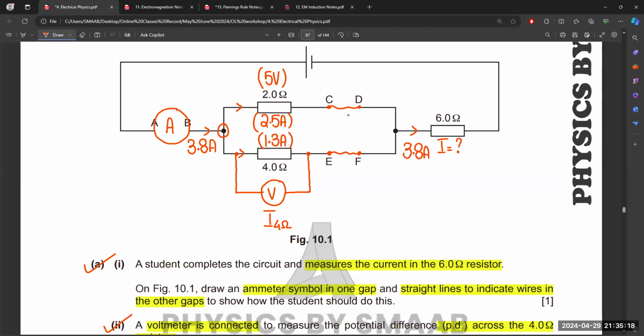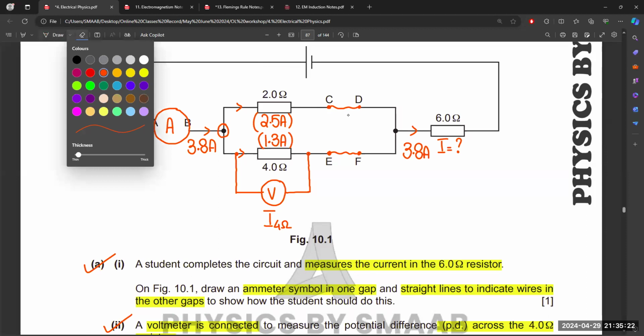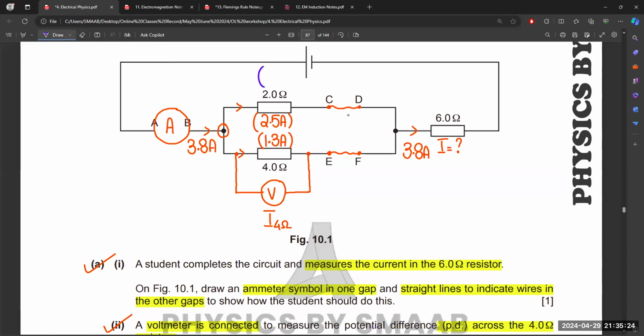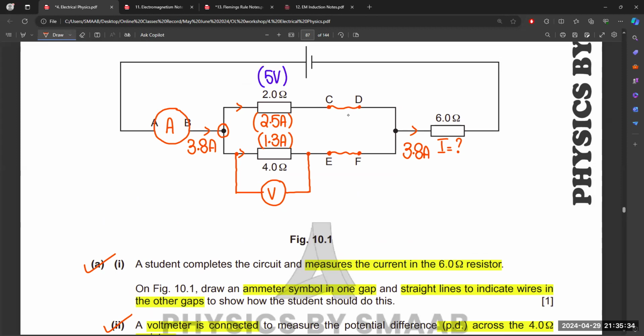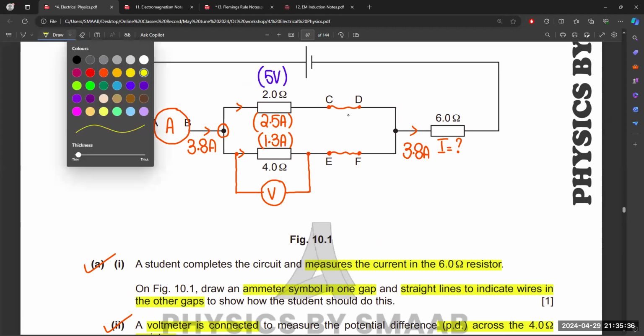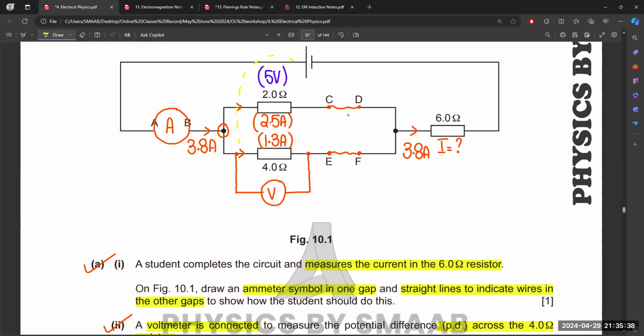So basically, first we find out the voltage because we know that voltage remains the same in parallel combination. So we got 5 volts. So 5 volts is across this 2 ohm resistor, and the same is across the other one. Then we find out the total resistance.